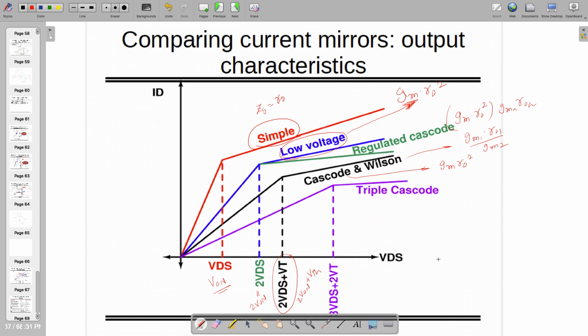Of course, as you are increasing the cascode, triple cascode, or four cascodes or five cascodes in a cascaded manner, then you can achieve better and better. So it becomes GMRO, not only square but GMRO times, like this is going to be increasing.